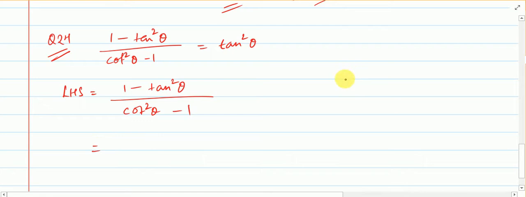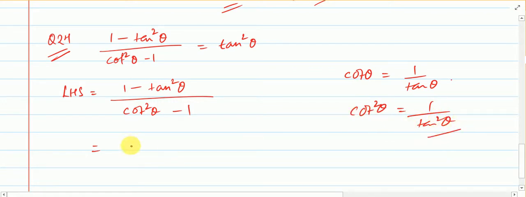Now here you know that cot theta is 1 by tan theta. If you square both the sides, you will get cot square theta is equal to 1 by tan square theta. So this cot square theta can be written as 1 by tan square theta.